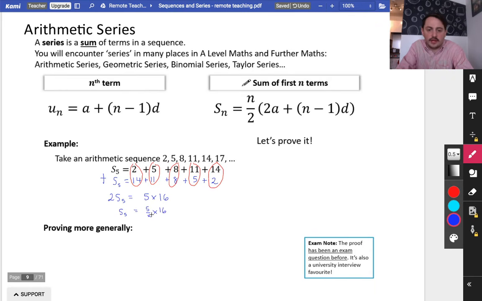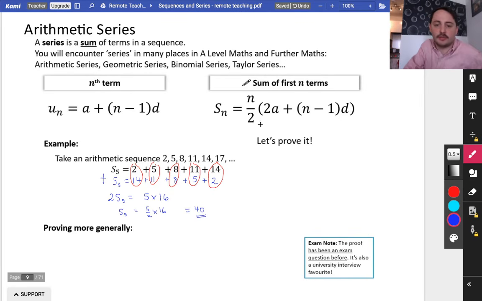The reason I've written it like this is because n is the 5 and 2 is because we're halving it because of this bit that we had here, and this 16 is going to be something to do with this thing that we've got in here. So 5 times 16, that's 50, or let's do this instead, let's do 16 divided by 2, which is 8, and times that by 5, which is 40. So these 5 numbers that we have here, they add up to 40.